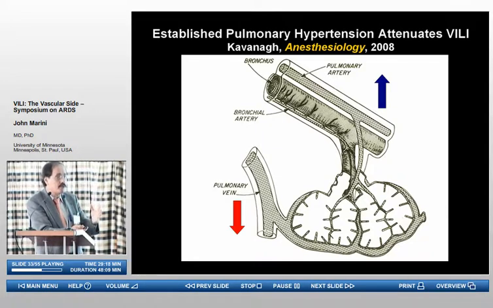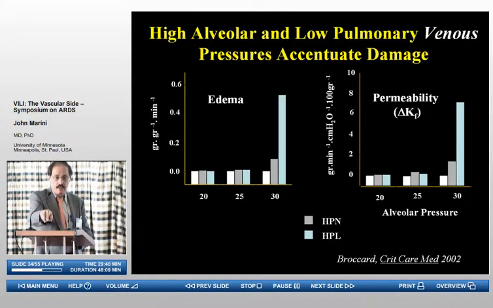The pulmonary hypertension appeared to be protective, maybe because it was protecting the microvessels, maybe because it was taking the high vascular pressures off the microvascular portion of the circuit and loading it onto the larger vessels. This is Brian's interpretation.